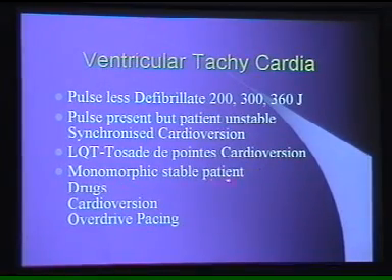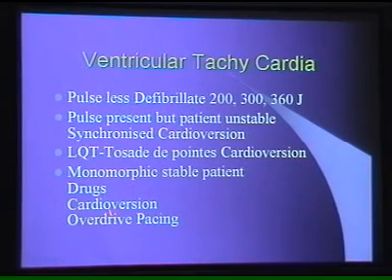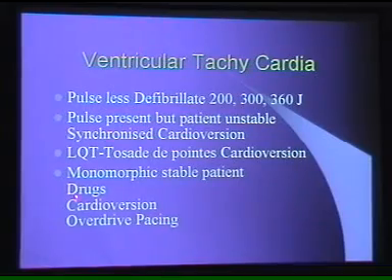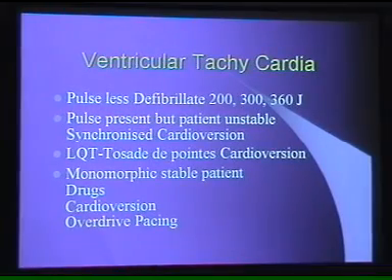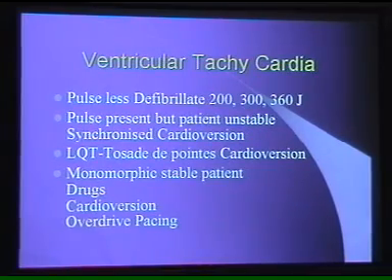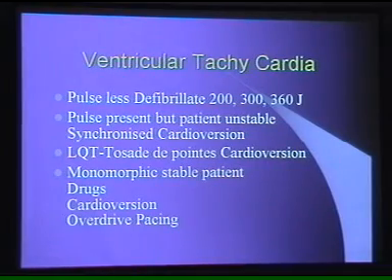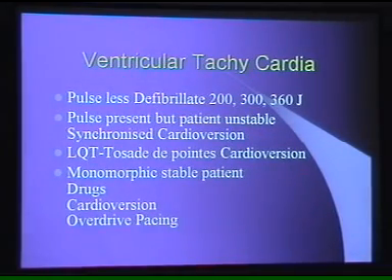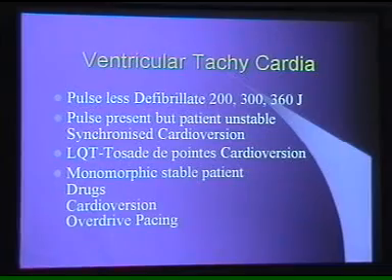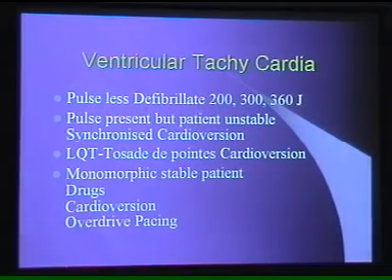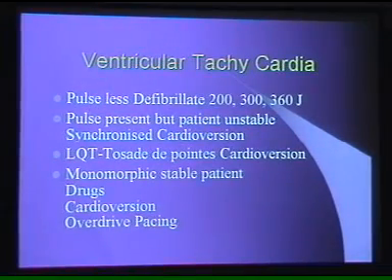The monomorphic type of ventricular tachycardia in stable patients can be treated with drugs which can be used in general practice also, and the drugs particularly useful are quinidine and procainamide. In the case of ventricular tachycardia, we should not use the calcium channel blockers or the beta blockers which are used for supraventricular tachycardia, which I'll show you later. Next one.